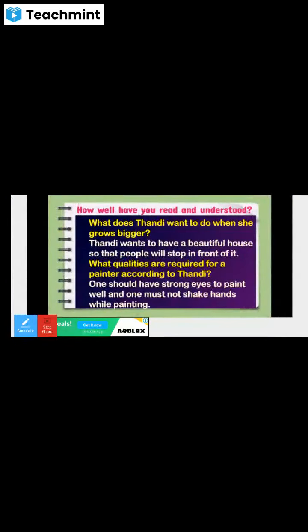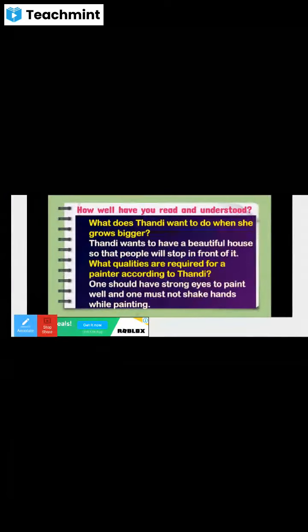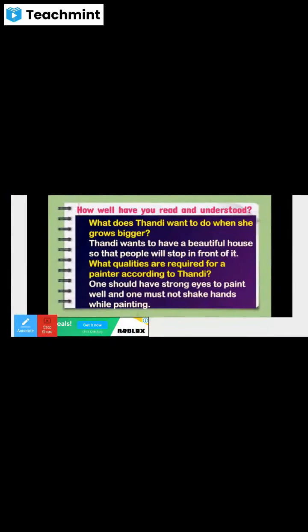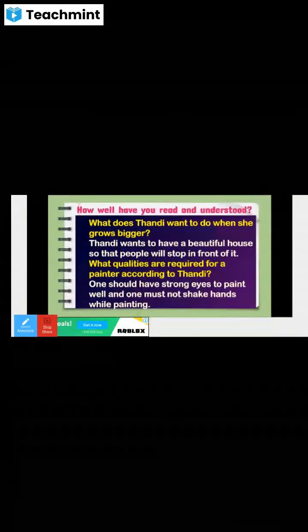So how well have you read and understood? Here, what does Tandi want to do when she grows bigger? Tandi wants to have a beautiful house so that people will stop in front of her house. What qualities are required for a painter according to Tandi?